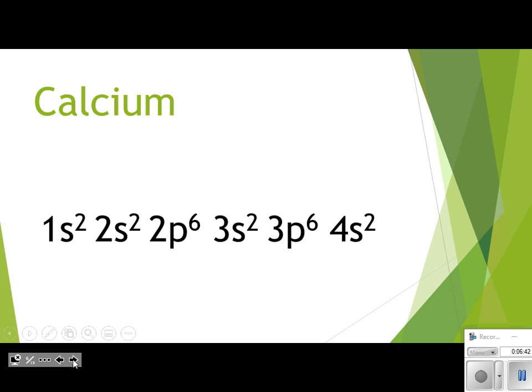Now, let's look at our periodic tables. Find calcium on your periodic table. Isn't calcium in the family of the alkaline earth metals? What are the valence electrons for that entire family? 2. What about the alkali metals, their next door neighbor? How many valence electrons?